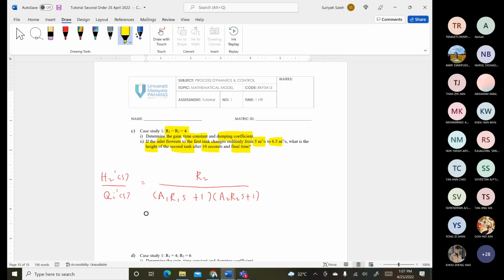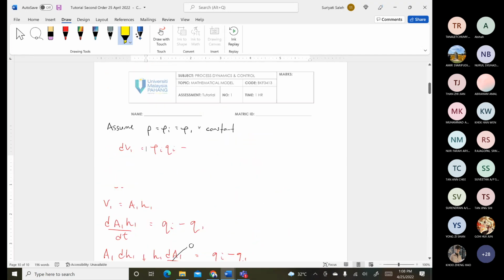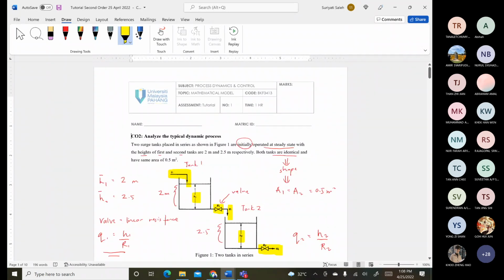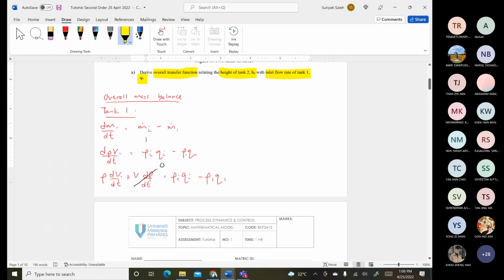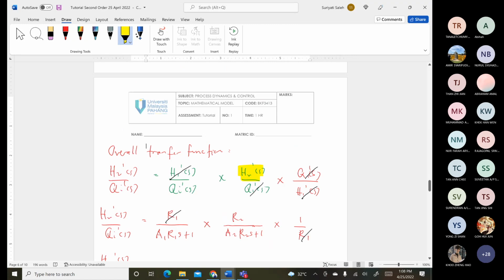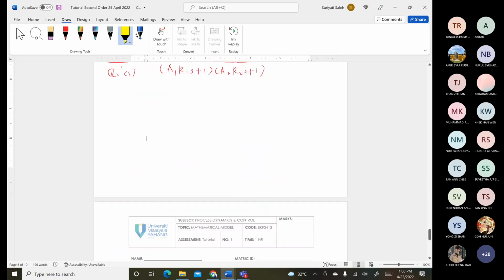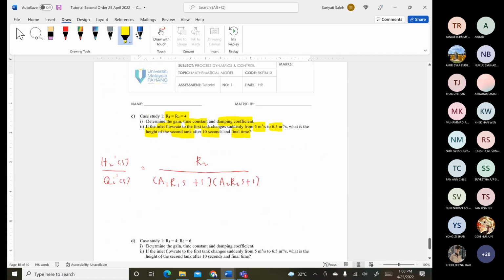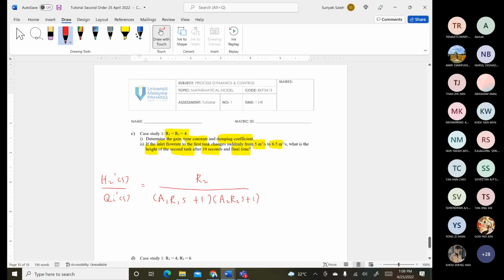Furthermore, the question states the area is 0.5 meters square, so A1 equal to A2 equal to 0.5. This information has been given earlier in the statement of this question.